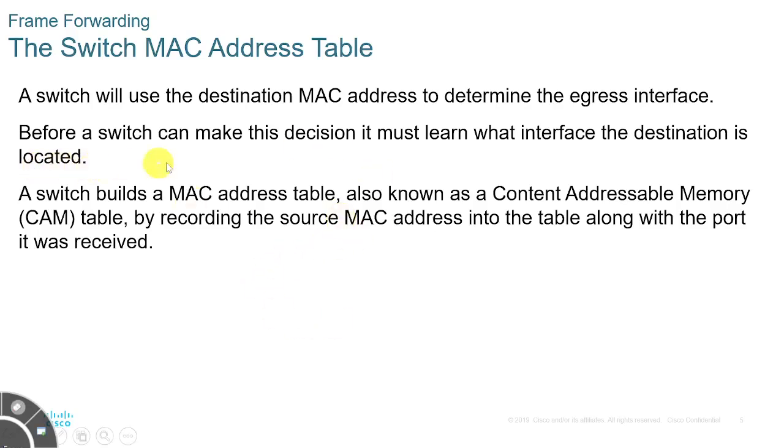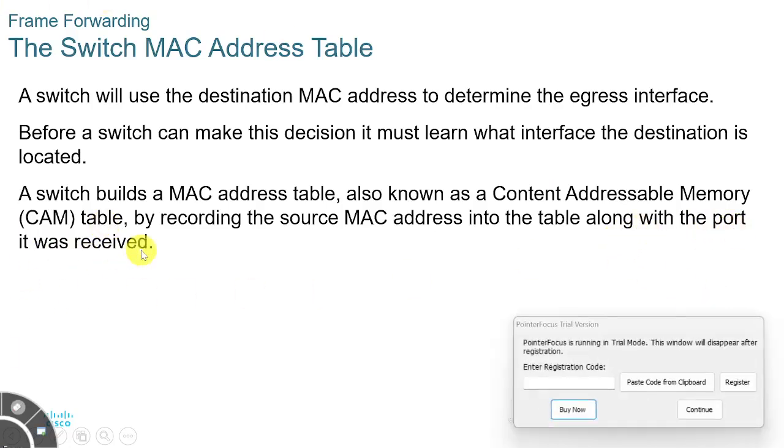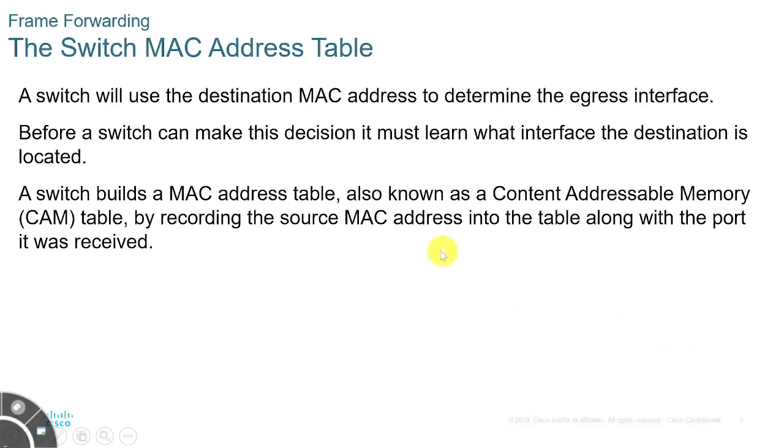Here, the switch will use a MAC address table, and for any frame that comes to the switch, it will record the source MAC address of this frame into this table, which we call the content addressable memory or CAM table, with the port number it was received on. So we will record two things: the port number it was received on and the source MAC address.